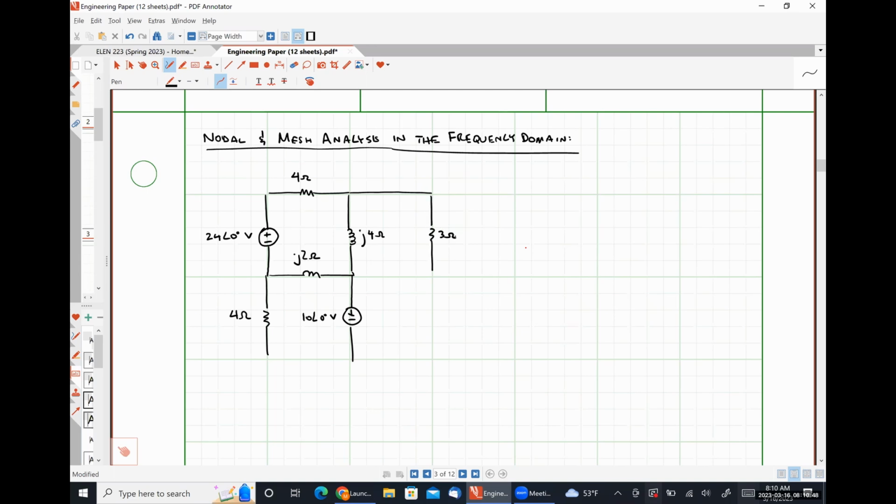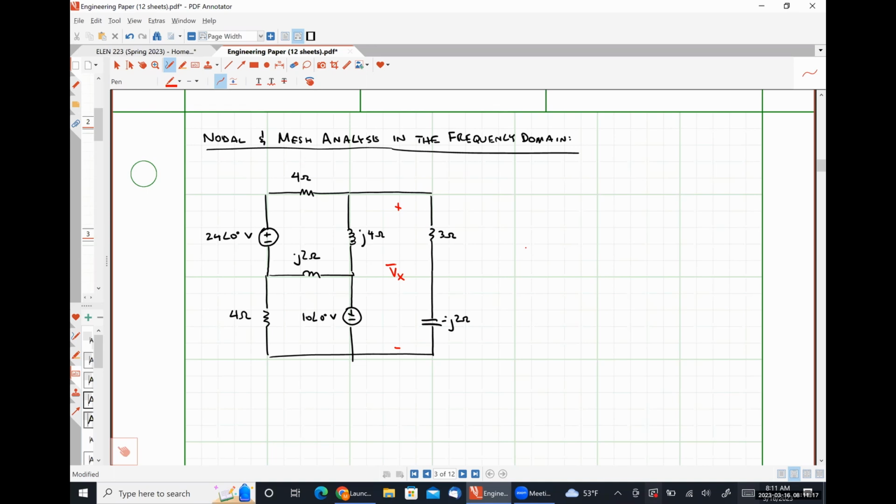A 3 ohm resistor. And a minus j2 ohm capacitor. And the quantity that we are trying to find is the phasor voltage Vx measured between that top right node and the bottom node.